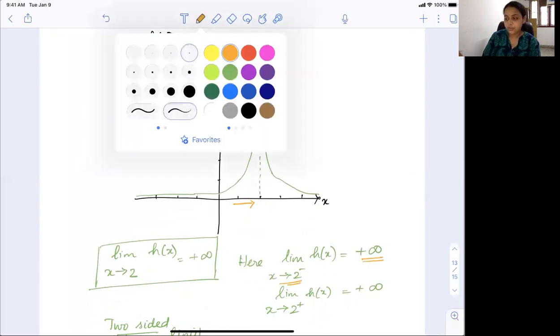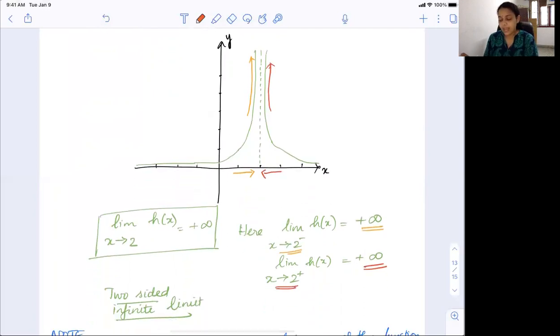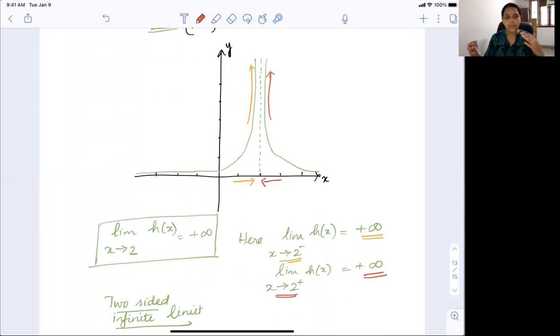And when you approach 2 from the right, there again, h of x is tending to plus infinity. It so happens that both the left and right hand limits are the same. And we say that as we get closer to 2, h of x is going to get closer to infinity.